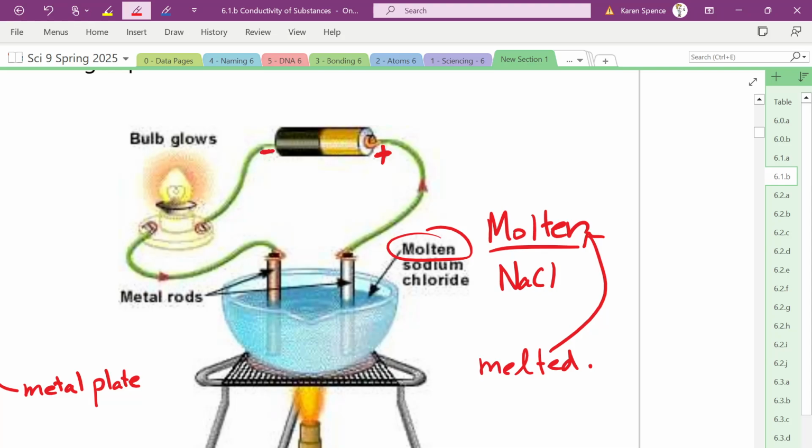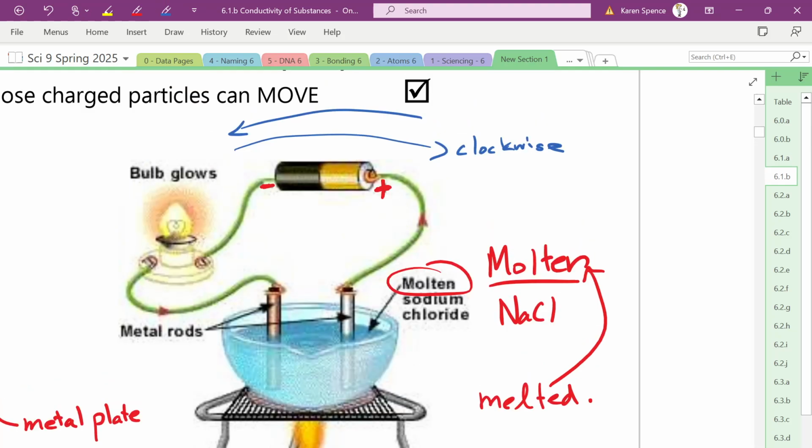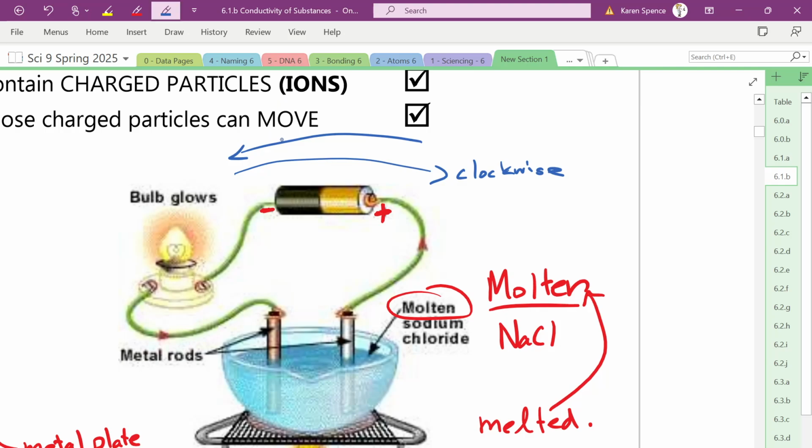Which direction are the electrons moving? Are the electrons going to move clockwise? Or are they going to move this way? I'm talking about the top of the circuit right now. Or are the electrons going to move counterclockwise?